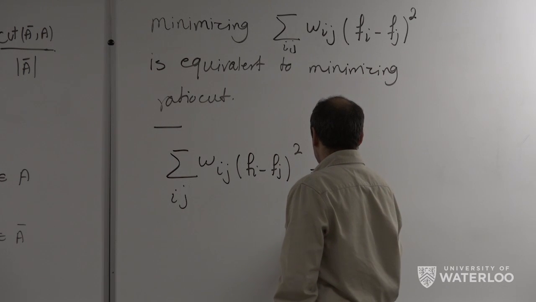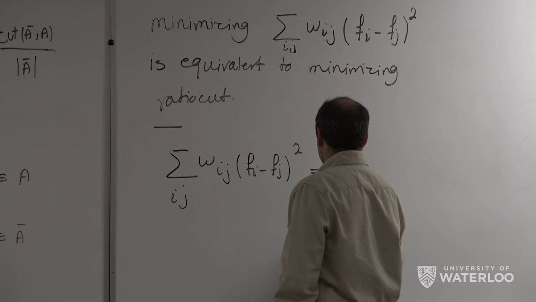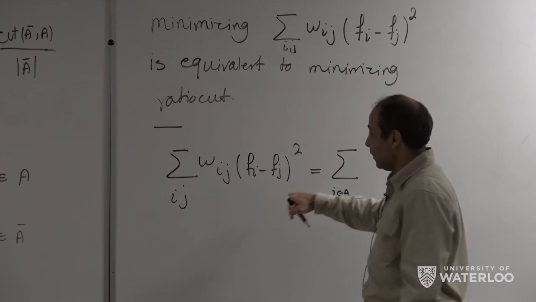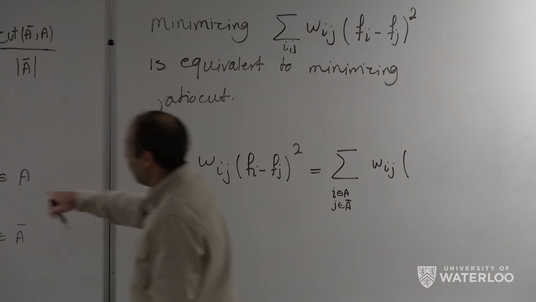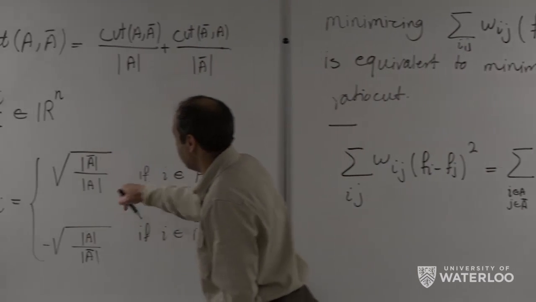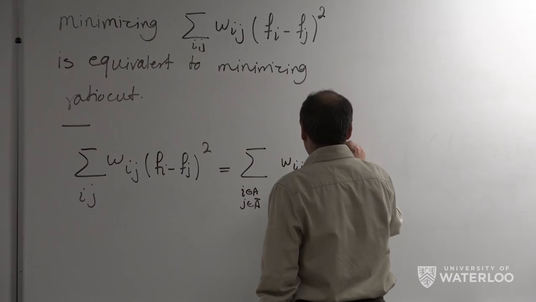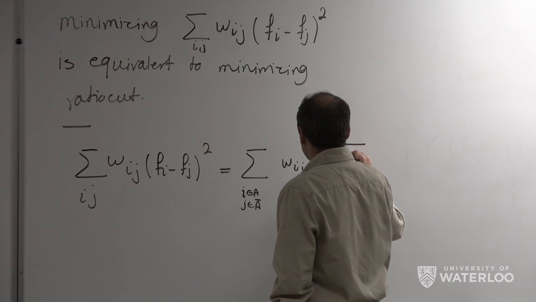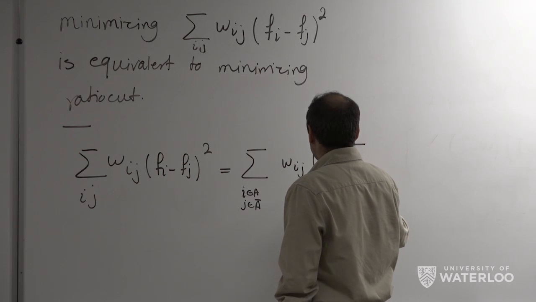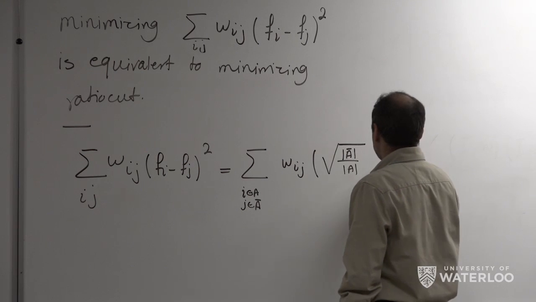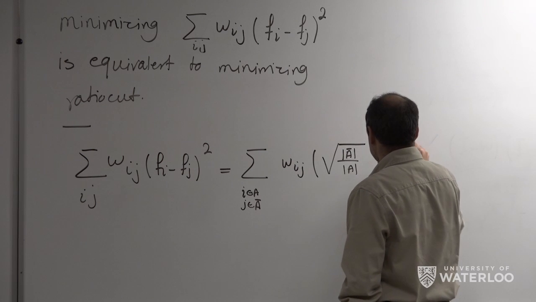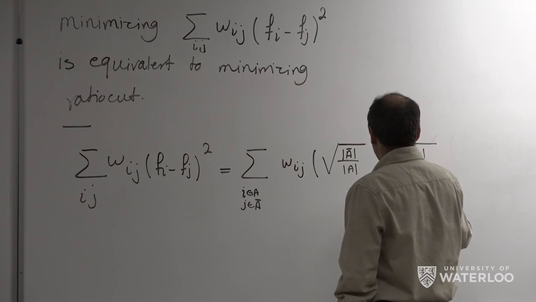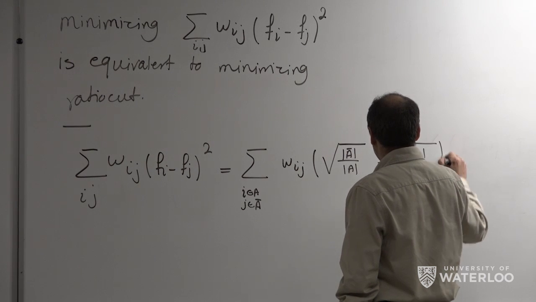If i is from set A and j is from set A bar, then this is w_ij times (f_i, because i comes from set A, which is the square root of A bar over A, minus the second part, which is the square root of A over A bar) squared.